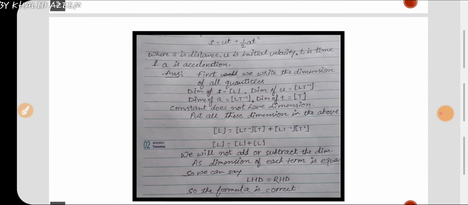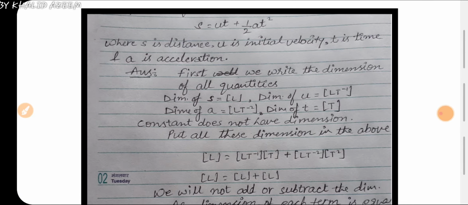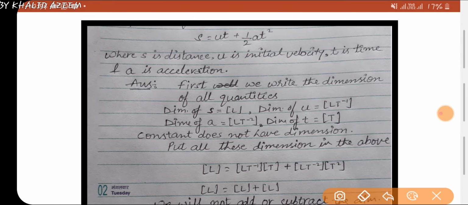There is a question. Suppose we have to check whether this equation is correct or not. S equals ut plus half at square, where symbols have their usual meanings.